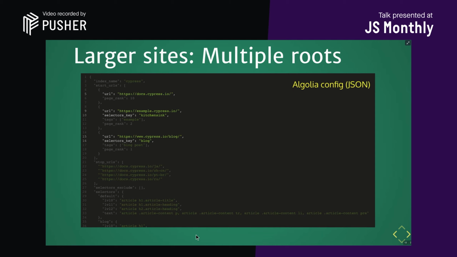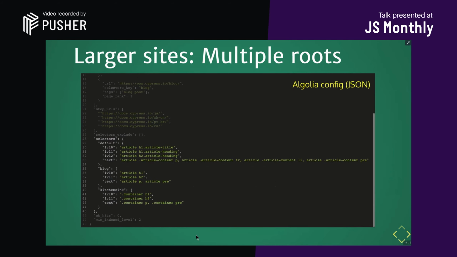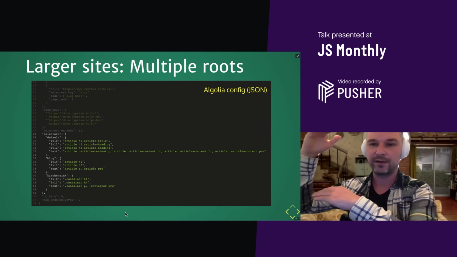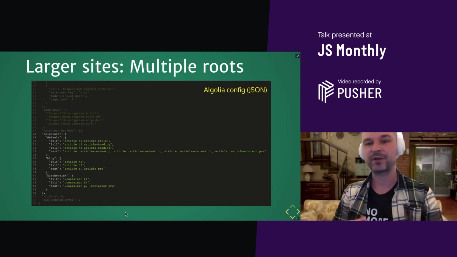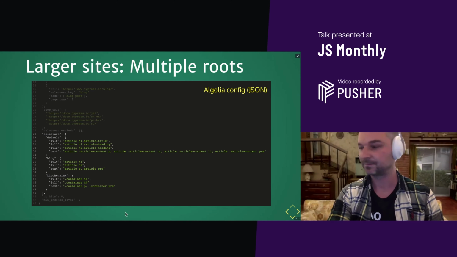And you can define different selectors for each site. You look at the HTML in each one, and you say, okay, on my main site, these are the selectors and elements in this particular hierarchy. On my blog, completely different ones. So it will scrape each site differently.